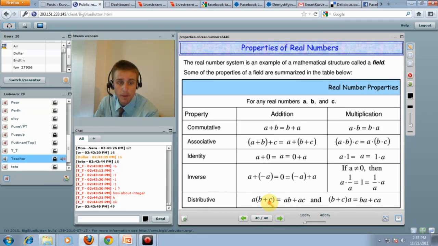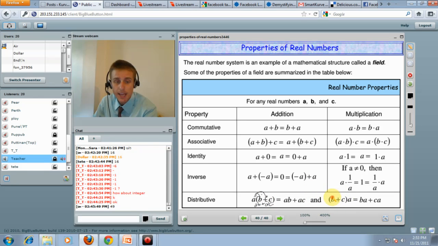The last one is distributive. A times B plus C equals AB plus AC. You will multiply this A first by the B, giving you AB, and then you multiply the A by the C, plus AC.